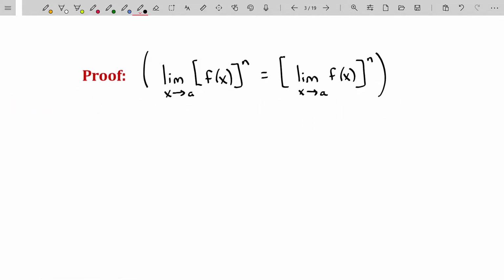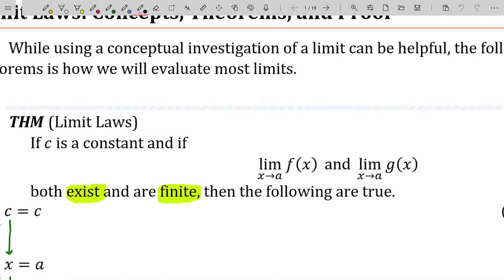Now, when you do a proof, you get to assume the antecedent. So we're going to assume the antecedent, which is in our theorem, the if part of the theorem. It's if c is a constant, which we don't actually have a constant in that part of the theorem, so we don't have to worry about that. But we're going to assume that the limit as x approaches a of f of x and the limit as x approaches a of g of x are both finite.